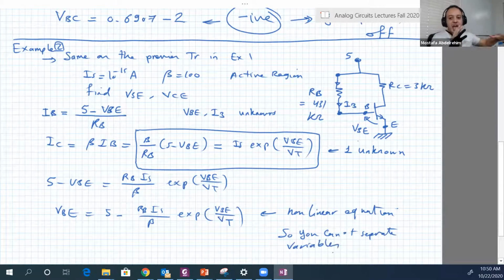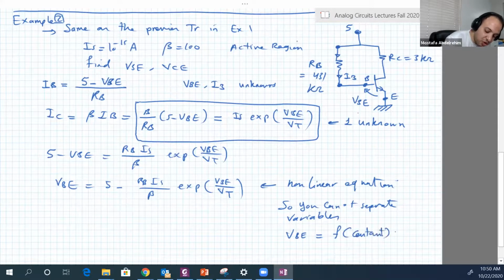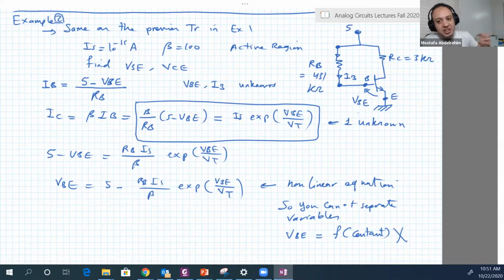I mean, you can't have VBE on one side equal to something, and some constants or knowns on the other side. It's not linear. And that's a problem with using the large signal model, or the general model. For some circuits you have to do iterations, just like the diode.